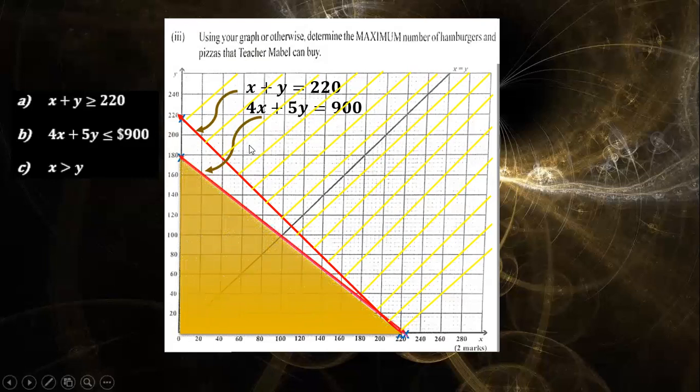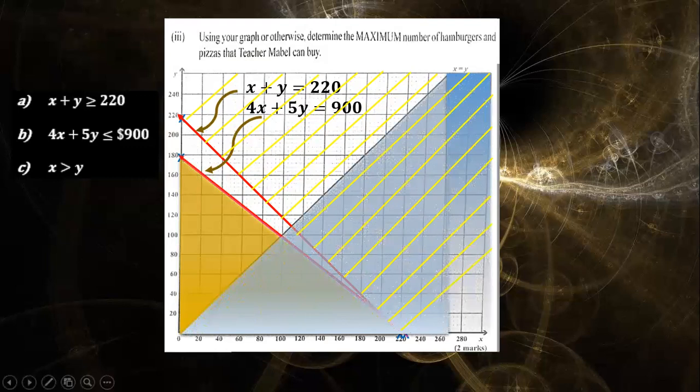The red line tells me I'm considering the points on the line itself, and this orange shade tells me I'm considering points below this line. That's the region I'm considering. And then x is greater than y, we can interpret it as y is less than x. It's the same idea, which is the region underneath x equals y, which will be this region.